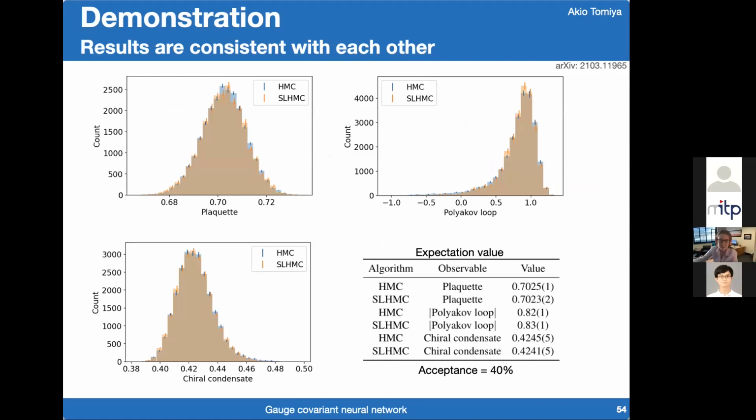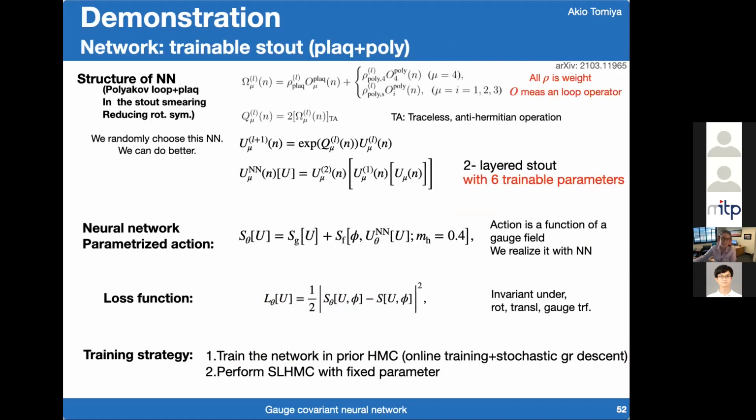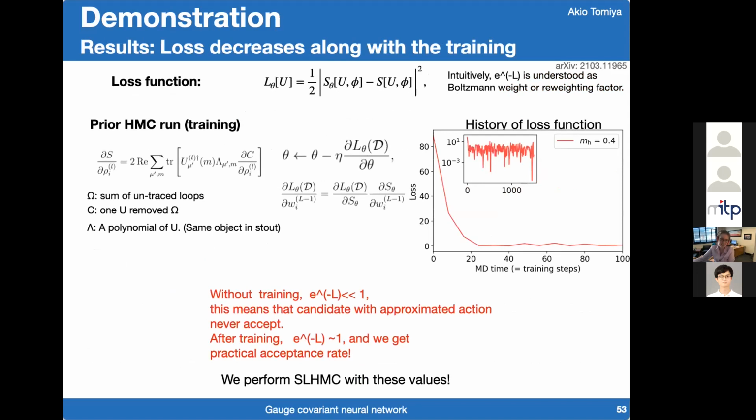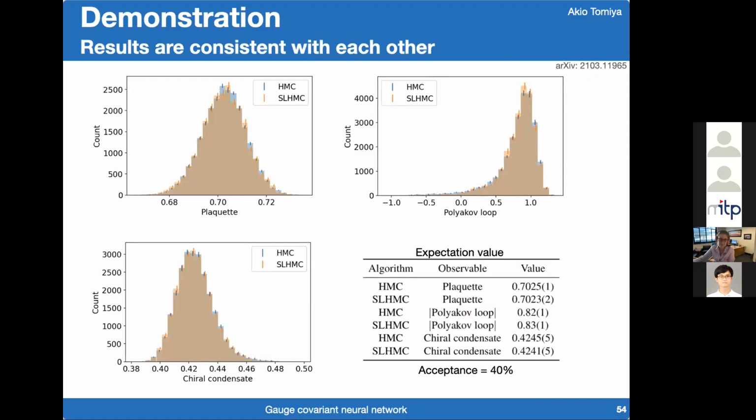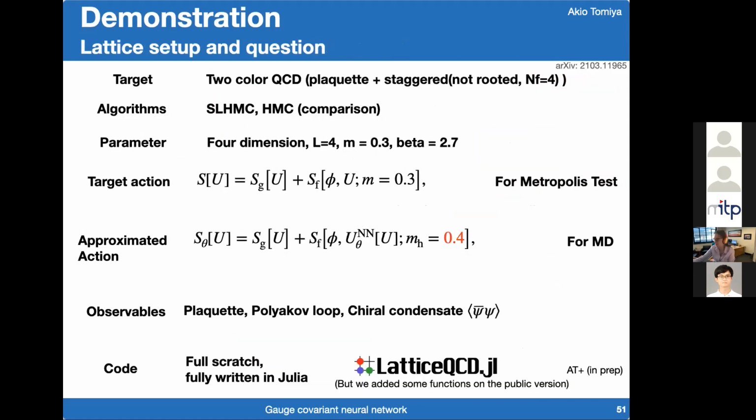Okay, let's take one more question from Harvey. I was just wondering how much faster the new algorithm is. Okay, so that's a good question. First I should say that this is not fast. This is because our target action itself is a non-smeared action, and on the other hand, our approximate action uses the smearing. So there's a big overhead here.